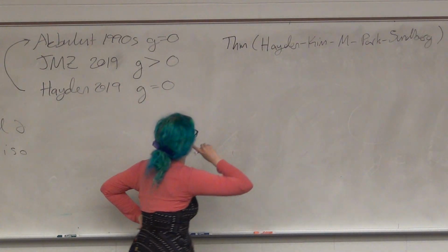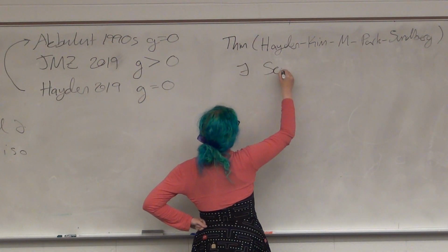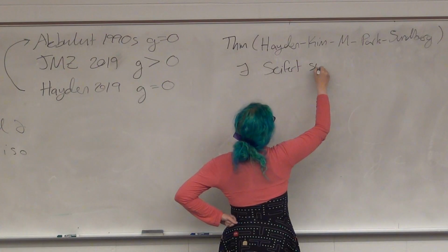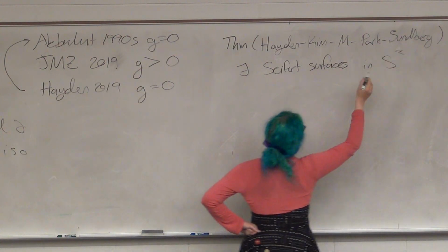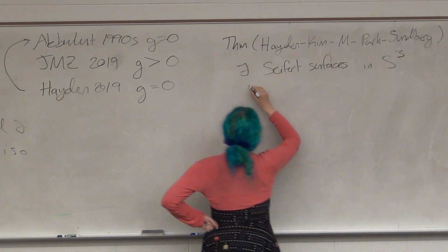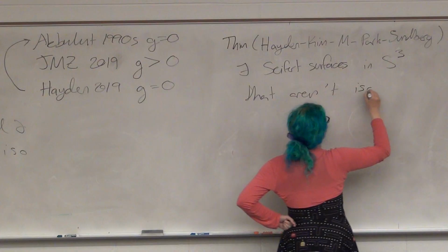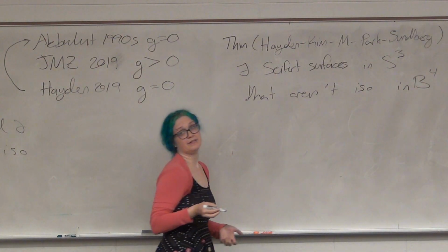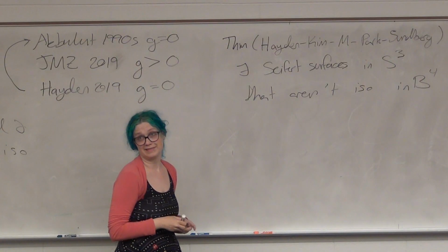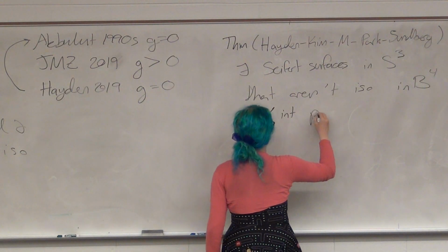I guess I won't say it's a question. We showed that there exist Seifert surfaces in S3 that aren't isotopic in B4 once you push their interiors into B4. So that question makes sense. So with interiors pushed into B4.